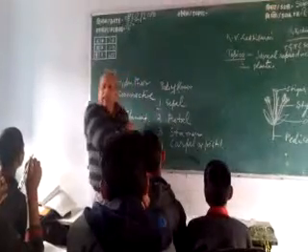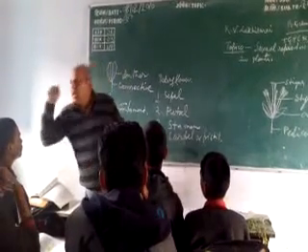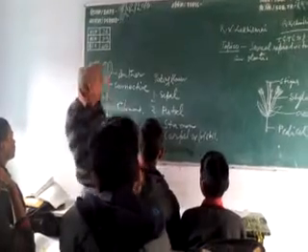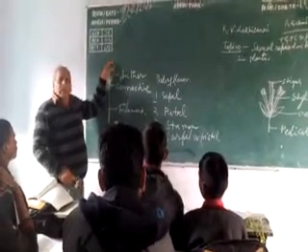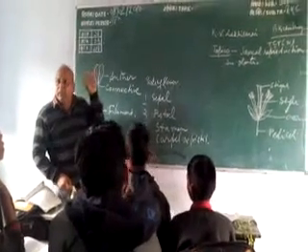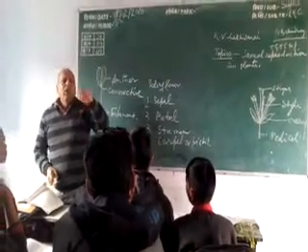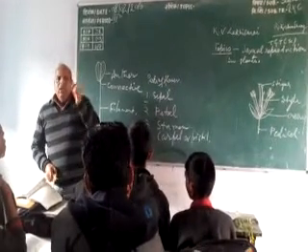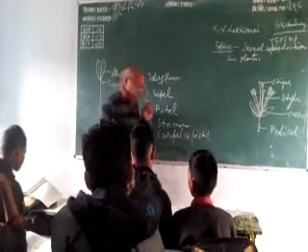Now it is the male part of the flower. And this swollen portion that is known as an anther, there are 4 chambers in this anther, and all the parts are full of minute structures known as pollen grains.